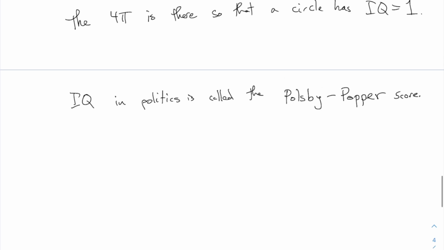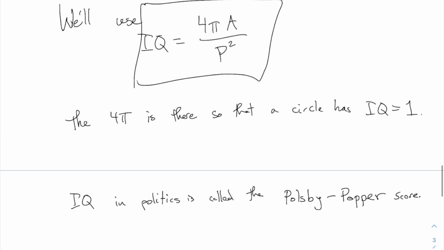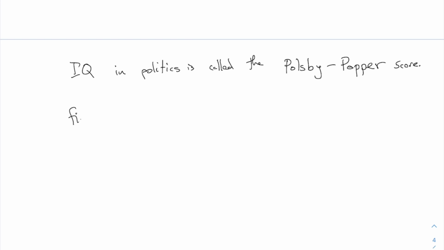This measurement has been used often throughout history in the sciences. It first appeared, as far as I can tell, and this is a little weird, in a 1927 paper on paleontology, that is, dinosaur bones.